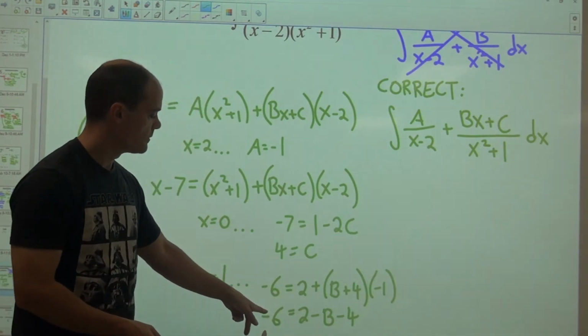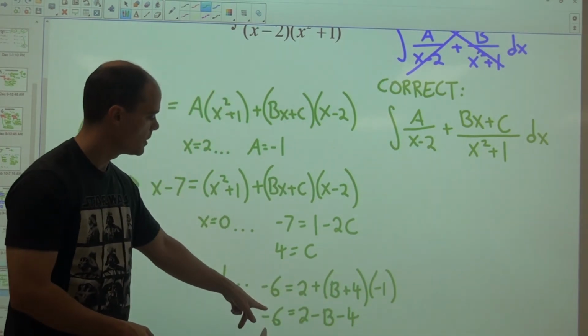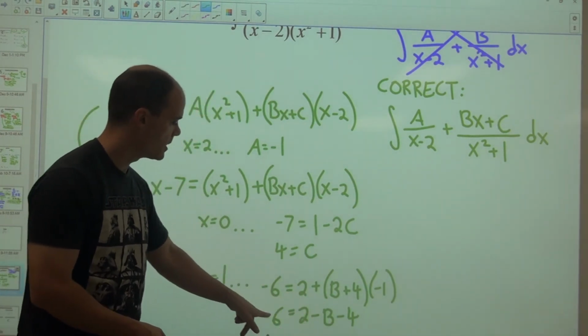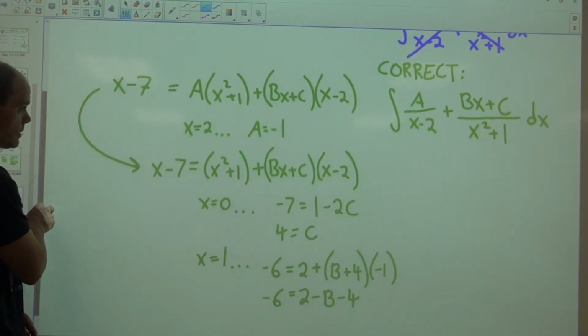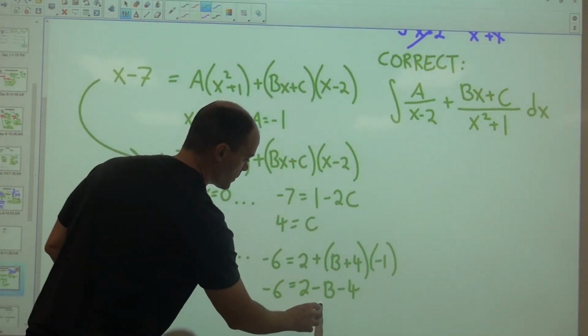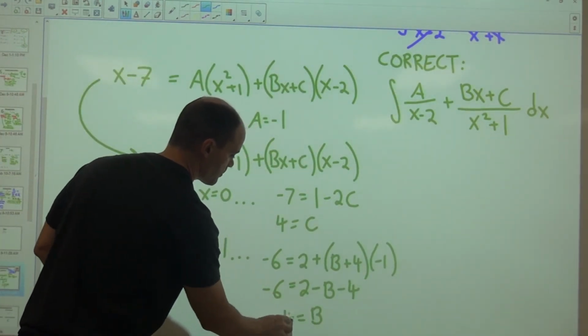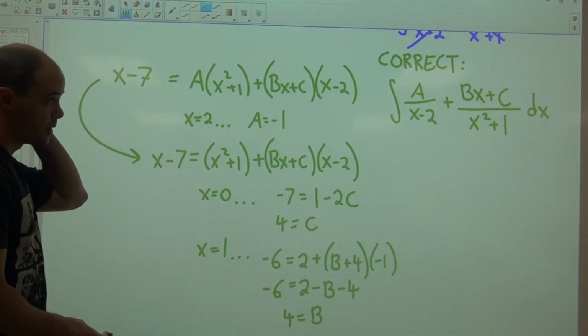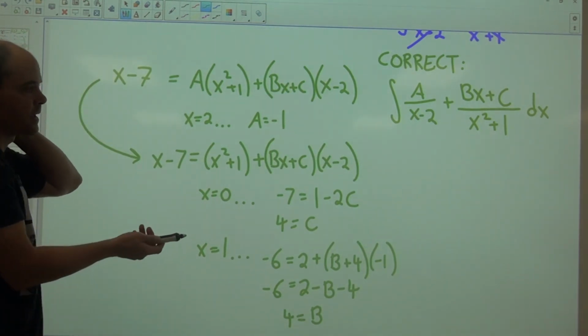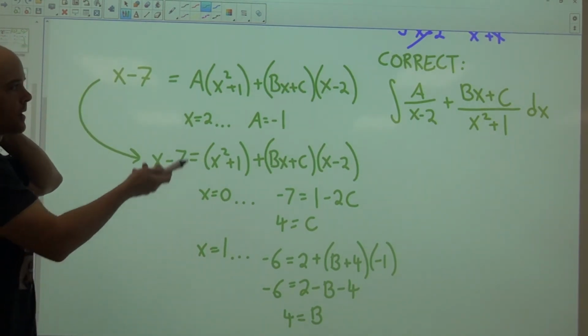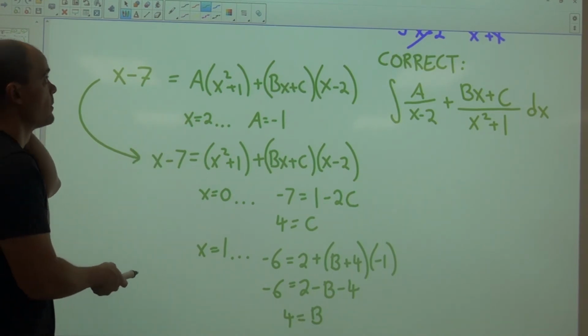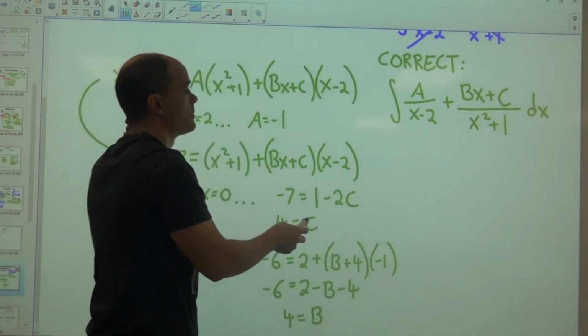Subtract the 2, I get negative 8, add the 4, I get negative 4, divide by negative 1, and I get b also equals 4. So sometimes this can be a real pain in the butt, but it's still just algebra. And now we go back and solve our integral. So our rewrite would look like this.